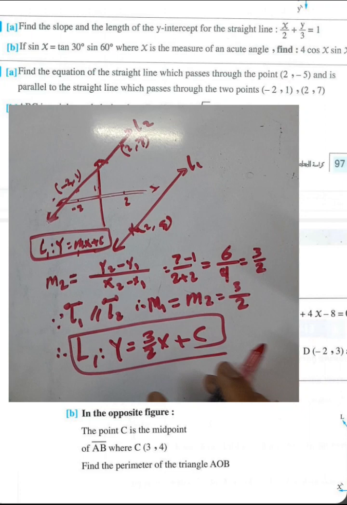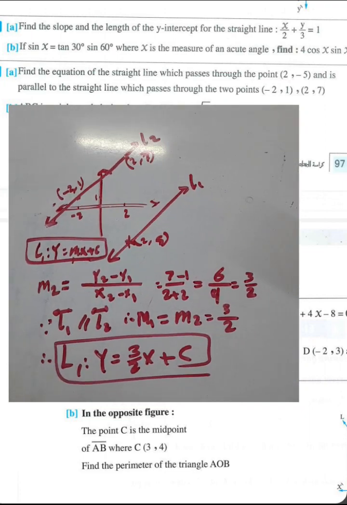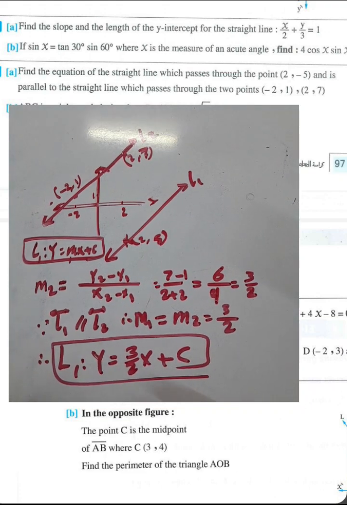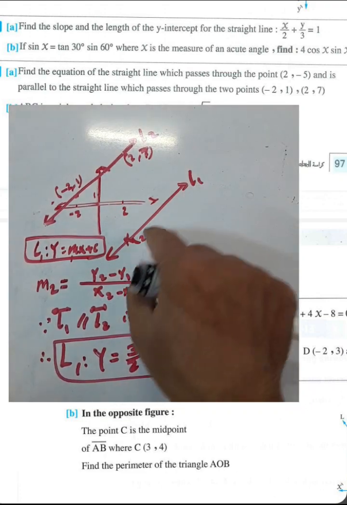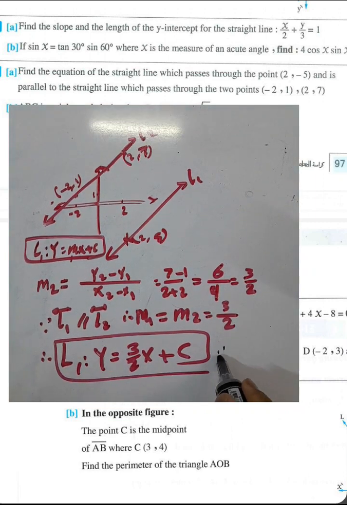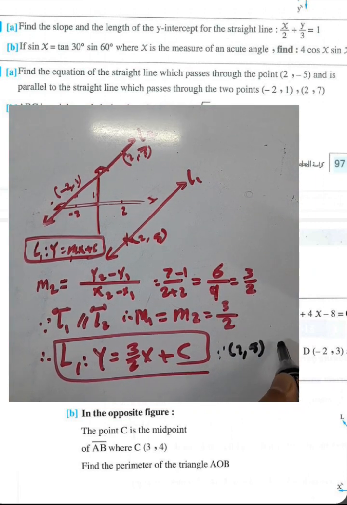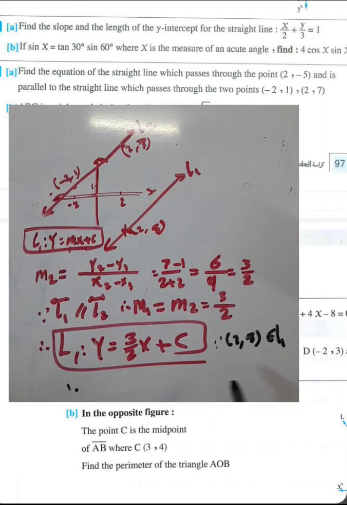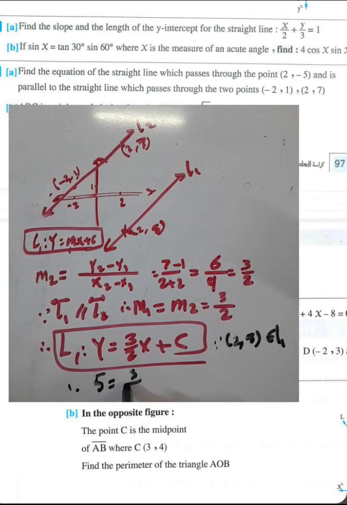Okay, we can find the constant in this equation by putting in the point 2 and 5, belonging to the straight line, because the straight line passes through this point, so the point satisfies this equation. Put x equals 2 and y equals 5, and 5 equals 3 over 2 times 2 plus constant. Then we cancel 2 by 2, 5 equals 3 plus constant, then the constant here will equal 2.